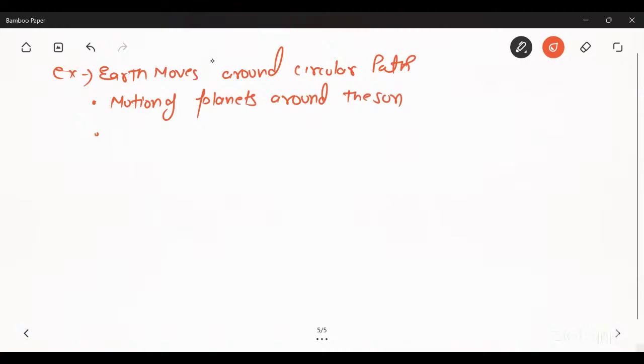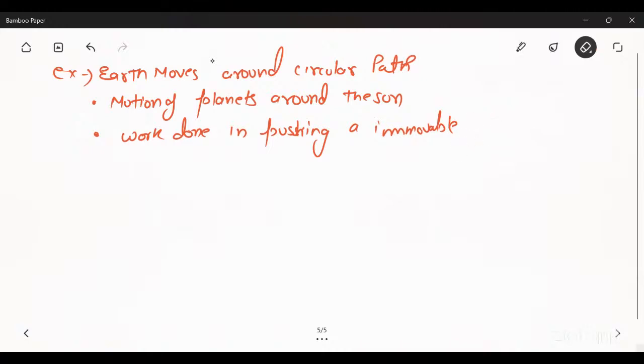Next example was work done in pushing an immovable stone. So all those are examples of zero work done.